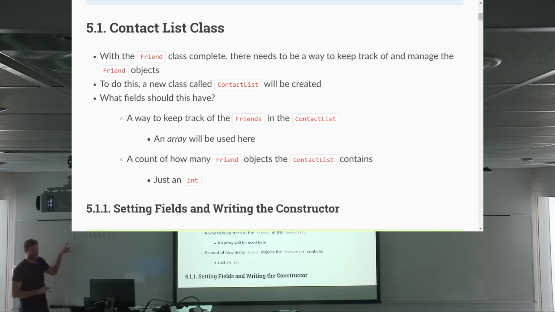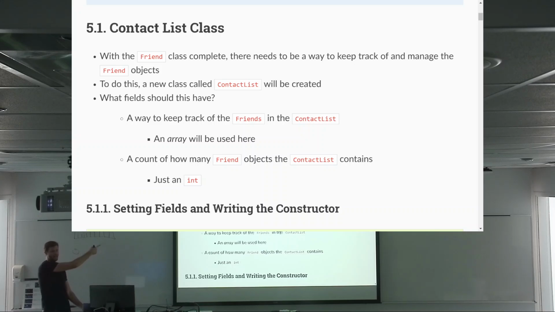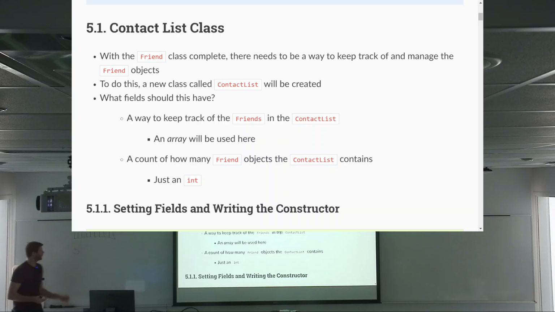So we've got an array that's going to keep track of our friend objects, but how many things are in it? 0. So that's what those two fields are going to be: the array of friends and the number of friends that are actually in that array. If I add one, this becomes 1. So we have an array, but it's just a bunch of empty seats where I could add people.